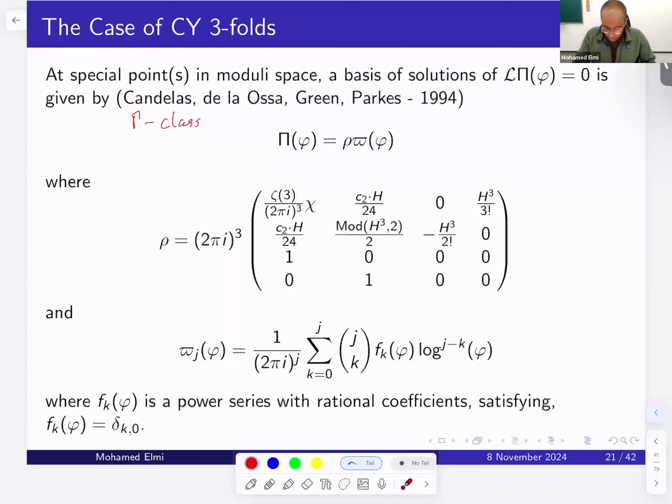The point you should take away is that really there are three integers in this matrix. There's the Euler characteristic of the mirror manifold. There's this triple intersection number. So there's some class which generates H^2 of the mirror, and it will have some triple intersection number.